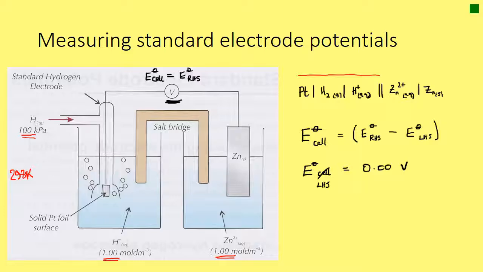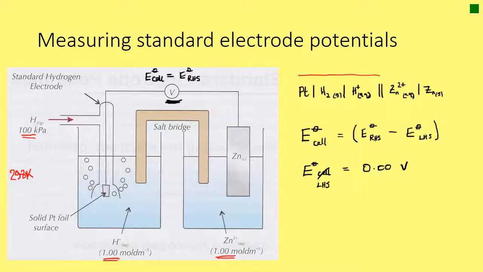So you'll recognize on the left-hand side of this diagram the standard hydrogen electrode from the previous slide. And on the right-hand side is the zinc half cell that you'll recognize from the zinc copper electrolytic cell that we did.